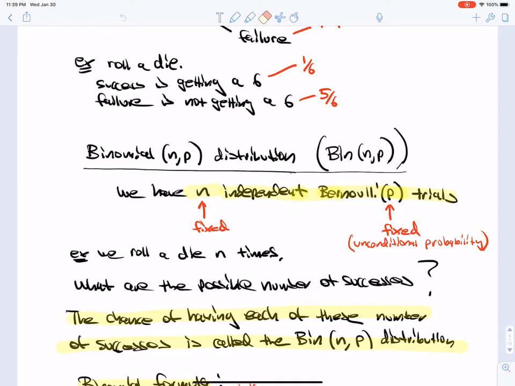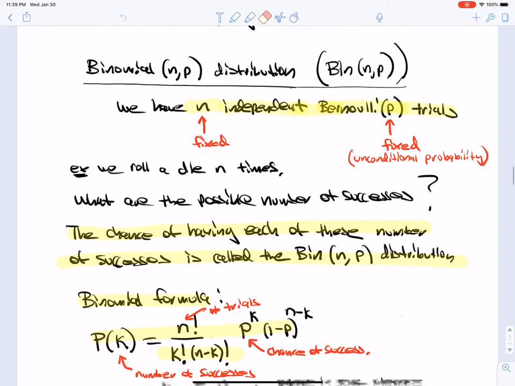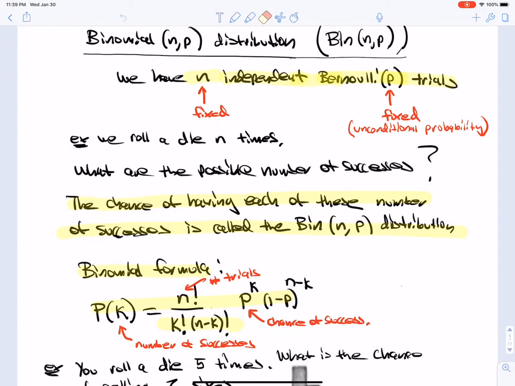And this p is a fixed probability, the same for every Bernoulli trial, and this is an unconditional probability. So for example, we roll a die n times. What are the possible numbers of successes, you may ask? The chance of having each of these numbers of successes is called a binomial or Bin(n, p) distribution.